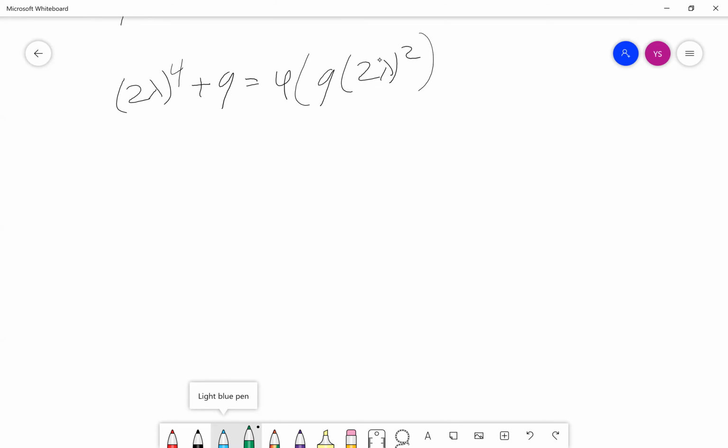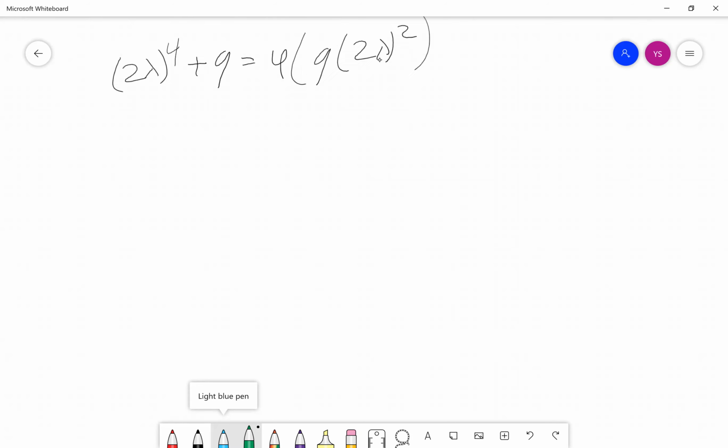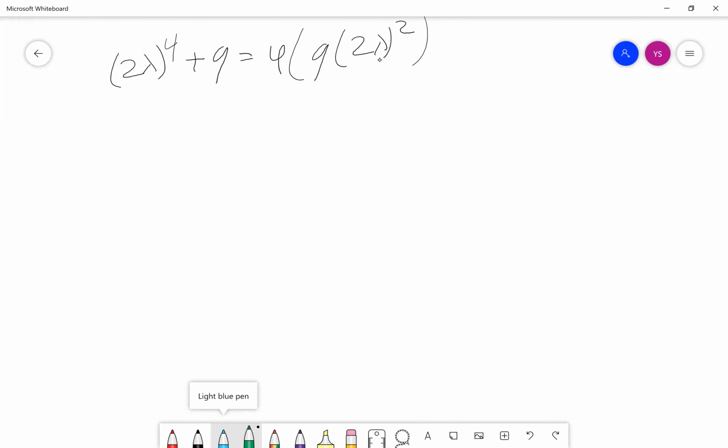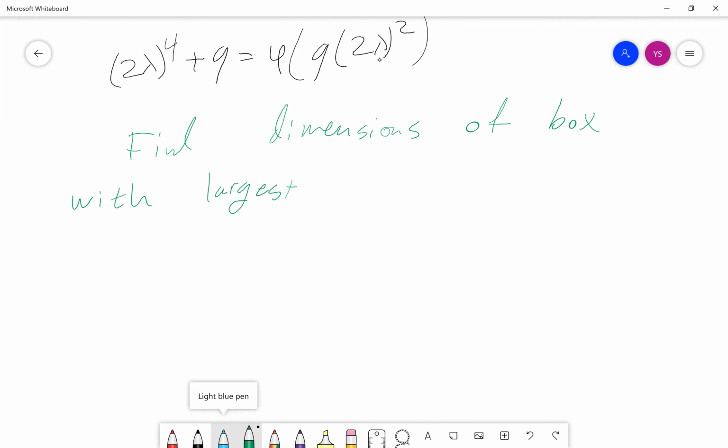Okay, so let's do, okay. So the type of questions you might be given can be something like: find the dimensions of the box with the largest volume if the total surface area is equal to 64 centimeters squared.